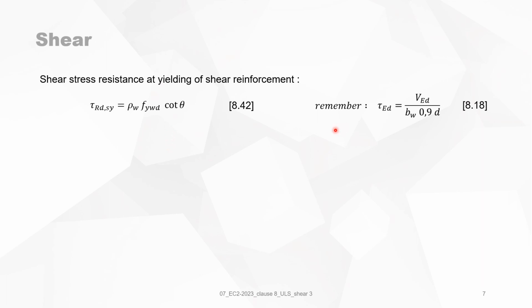Just remember that the shear stress is defined as the shear force divided by BW times 0.9D. The rho W is equal to the cross section of the shear reinforcement divided by the width B and divided by the spacing of the shear reinforcement.